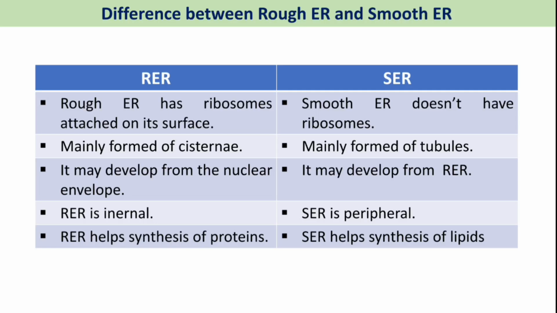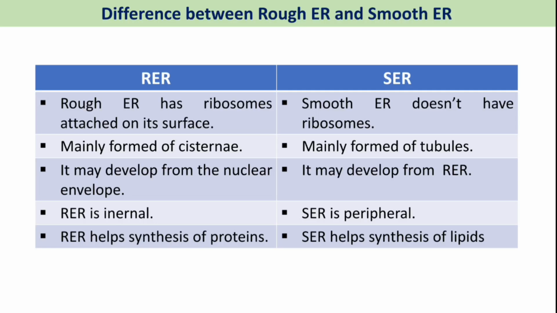Rough endoplasmic reticulum is internal and smooth endoplasmic reticulum is peripheral. Why? The rough endoplasmic reticulum is situated near the nucleus, while the smooth endoplasmic reticulum is located near the cell's periphery or outer membrane. That's why rough is internal and smooth is peripheral.